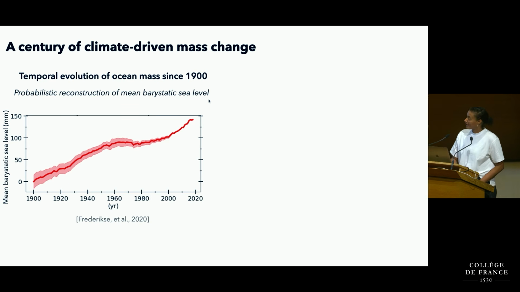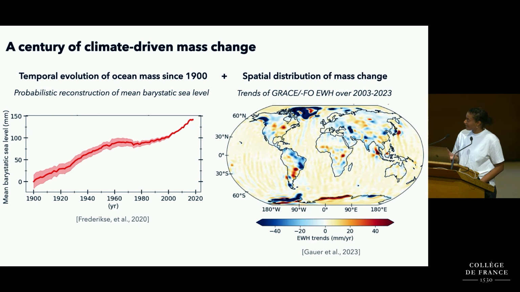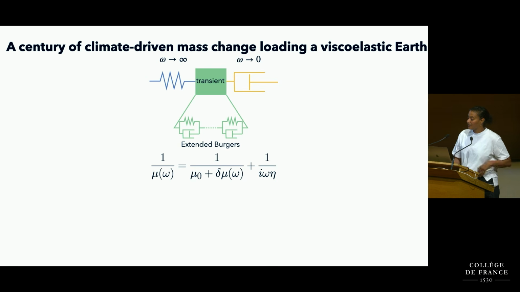And you can see that we have had an increase in the ocean mass that we can spatialize using just where the masses are today over the past 2 decades in the GRACE data. And so now we need a model for the full spectrum rheology of the Earth to try to capture the long-term variations of 100 years of ocean mass load.